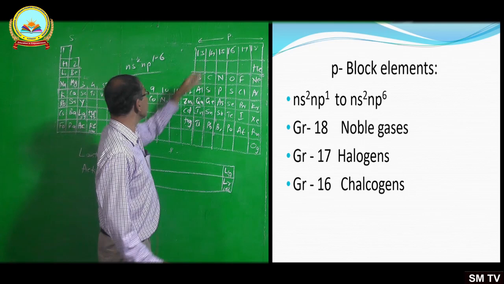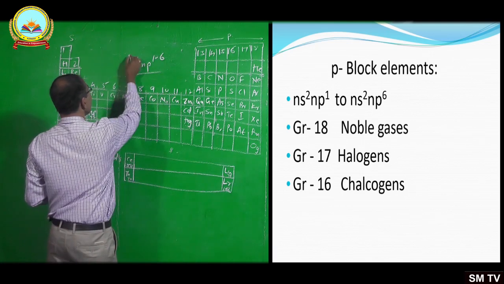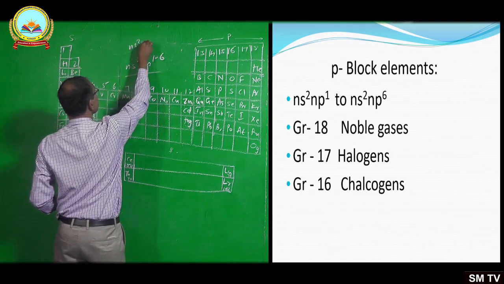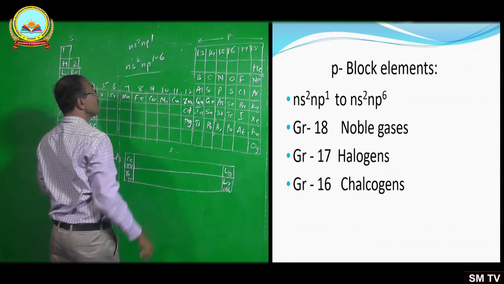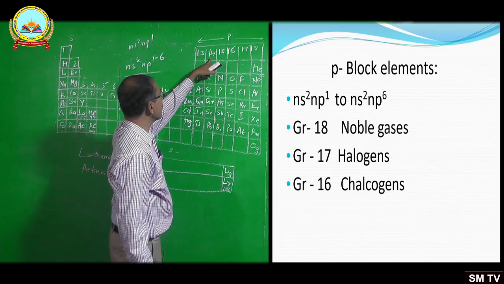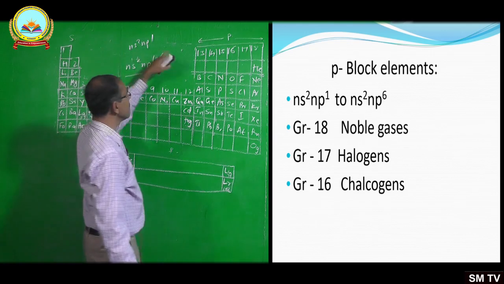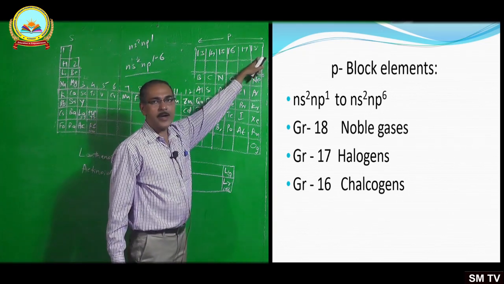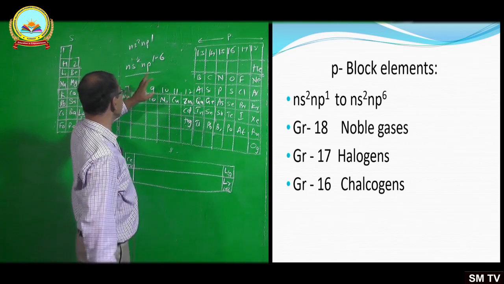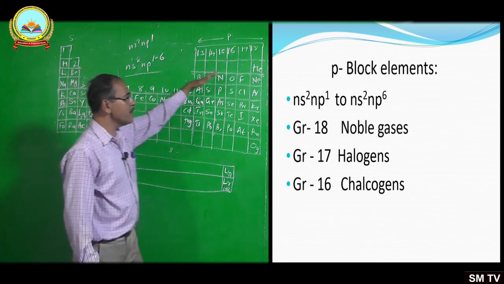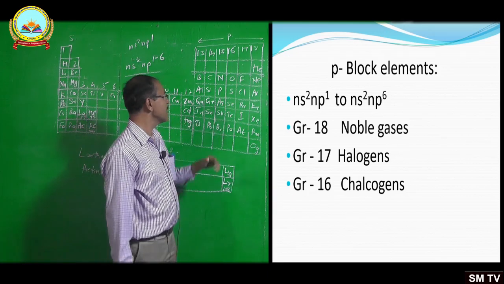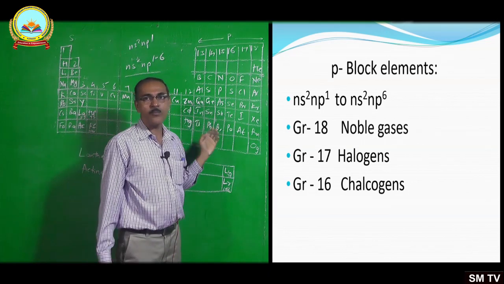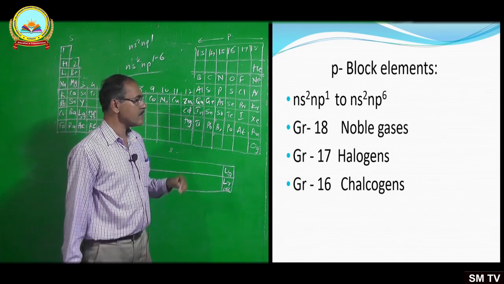So, group 13 elements have ns2 np1 configuration, then group 14 elements have ns2 np2 configuration, then np3, np4, np5 and np6. Group 18 elements have ns2 np6 configuration. Here the p orbitals are progressively filled.